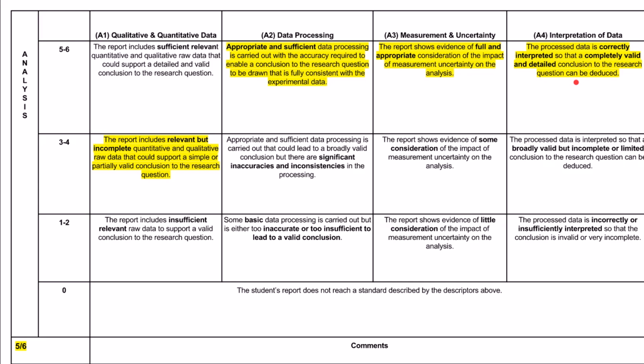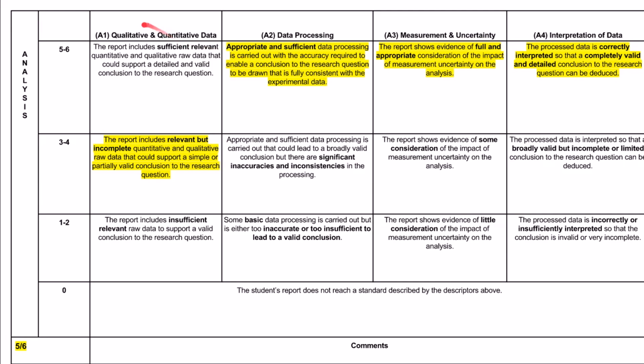Since the error bars were included, the student can also analyze the level of random versus systematic error that indeed can support the conclusion that they form, or can denounce the conclusion if the level of error was beyond a legitimate level. Therefore, there is no reason why this candidate should not get a 6 out of 6 for the interpretation of data, assuming that their conclusion and evaluation supports and is in line with what they graph.